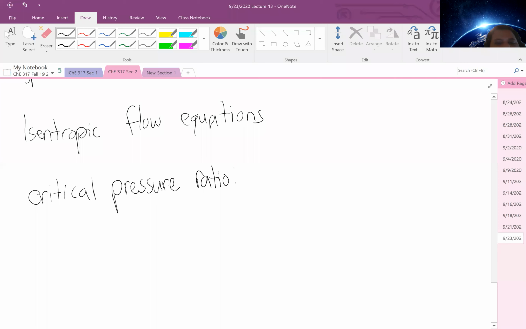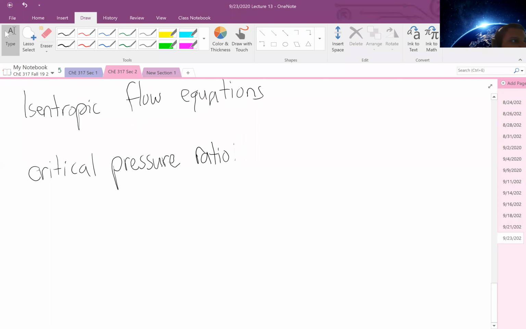The critical pressure ratio, R sub C, is essentially the pressure ratio when the receiver exists at the asterisk condition.